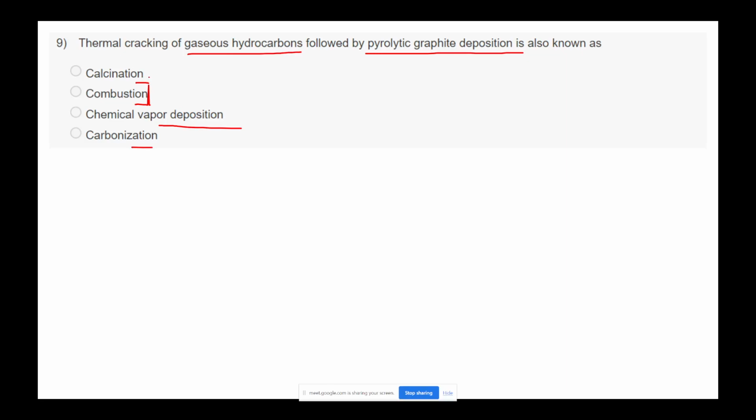I have explained in our previous lectures what calcination, combustion, and carbonization are. So the new term here is not very new if you know chemical vapor deposition, if you have been through any courses. In short, it is called CVD. There are many techniques for thin film deposition, such as CVD and PVD.